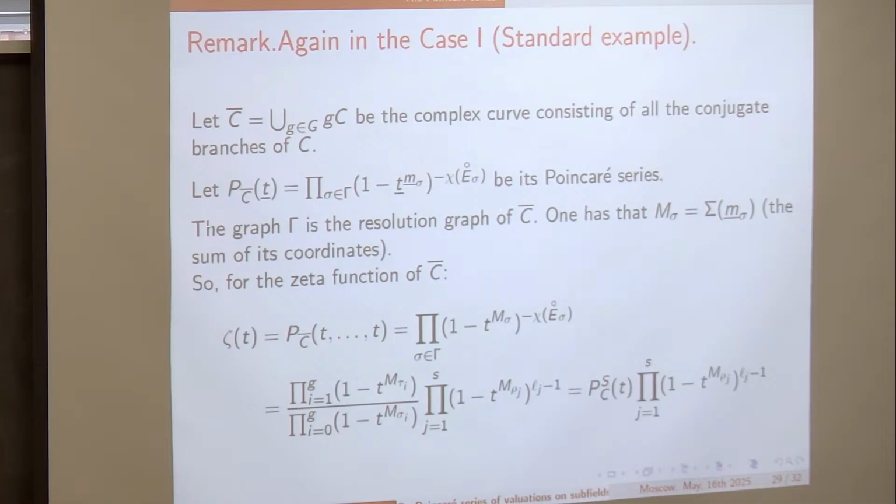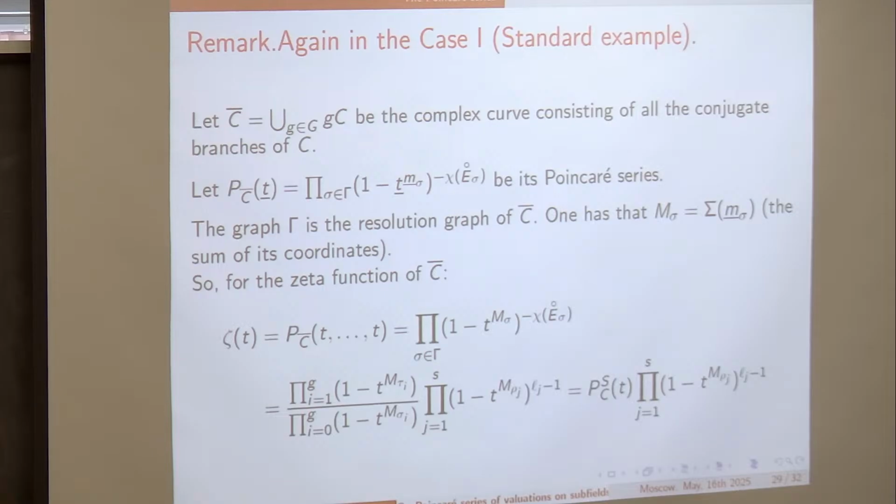If you diagonalize, that means you make any indeterminate equal to t, you have the zeta function of this reduced curve, okay? The graph is just the same as we take before. So you have the zeta function of this reduced curve is this, and this is this formula. So you can compute this, and you have this formula.